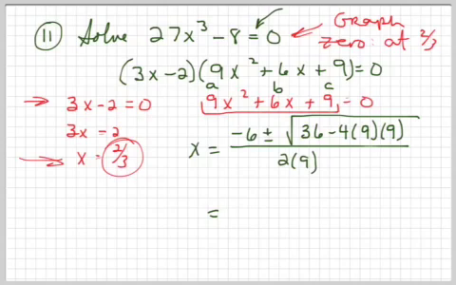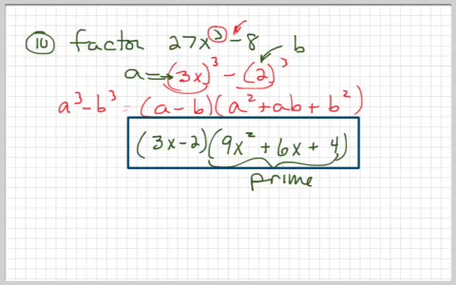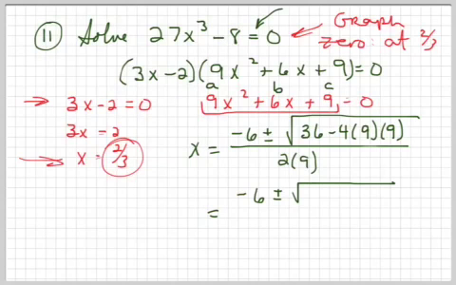So you go on your calculator, 36 minus 4 times 9 times 9. Negative 288. I think today in class I came up with a negative 108 using my head. Dropped something there. 4ac, and there's my problem. Hold on a second. C is incorrect. If you look back here at the factorization, this last term should have been a 4, and I've put a 9 in there.